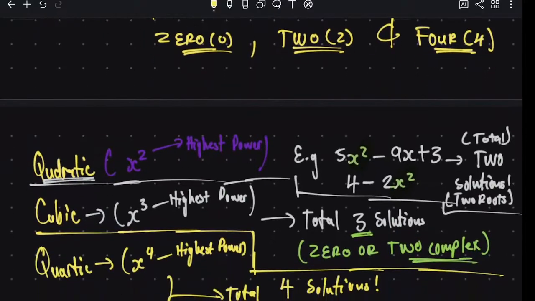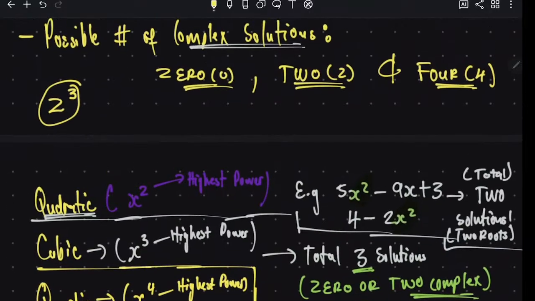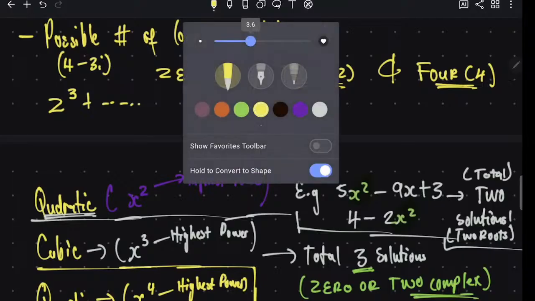So guys, if you ever get a cubic equation, z to the power 3 plus something, then they give you one solution, 4 minus 3i is a solution or a root. Students, you should not let me down.